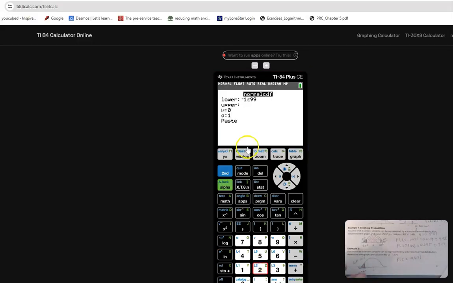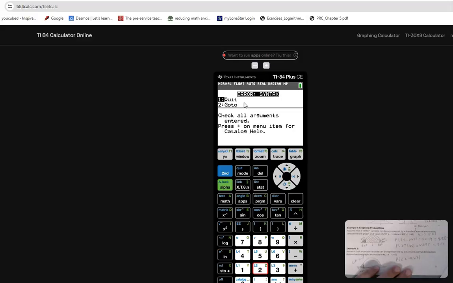And if I'm correct, you can keep this lower of negative 1E99, or you can change it to 0. It shouldn't make much of a difference. Hit enter, and then your upper, in this case, is negative 0.67. And again, don't change your mean and your standard deviation. Just keep hitting enter until you have this, and hit enter one more time.